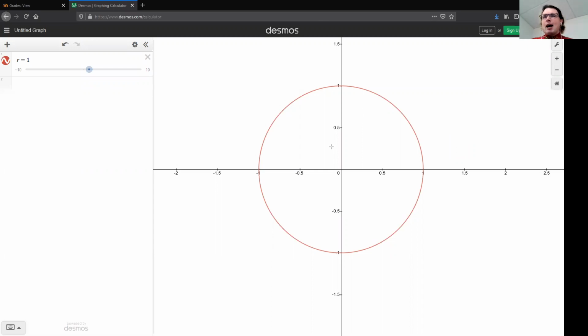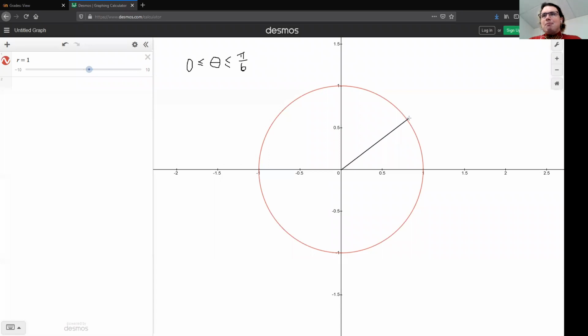Let's say that I've got some range of theta values, some range of angles that I care about. So maybe I'm looking for all the possible angles between 0 and, let's say, pi over 6. So I've taken some piece of the possible angles. In this case, it would be some piece of the unit circle.